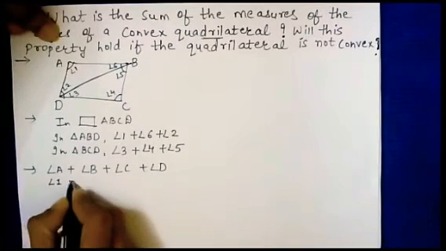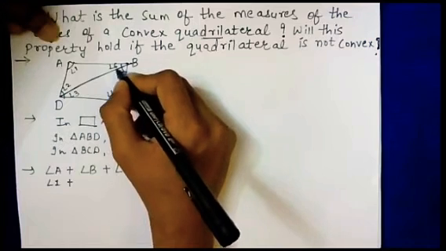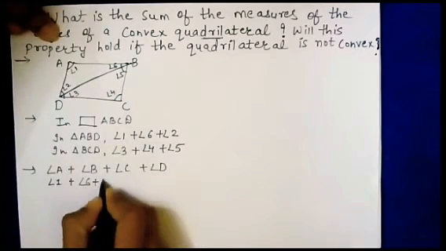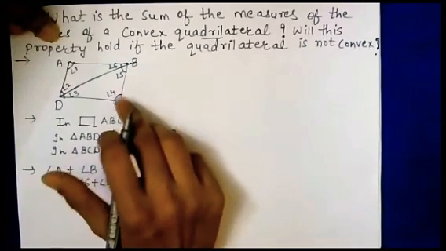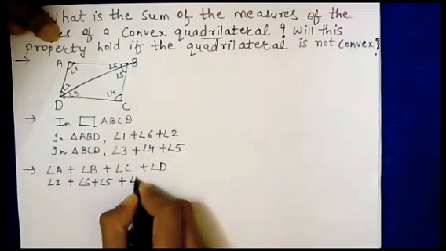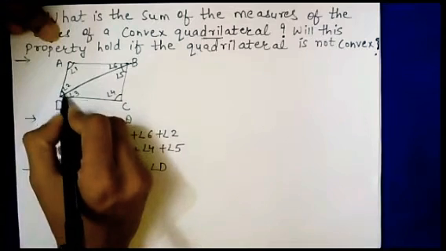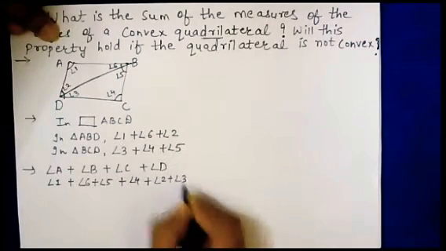In place of angle B, we write angle 6 plus angle 5. Angle C we have named angle 4. Angle D is this whole part, so angle 2 plus angle 3.